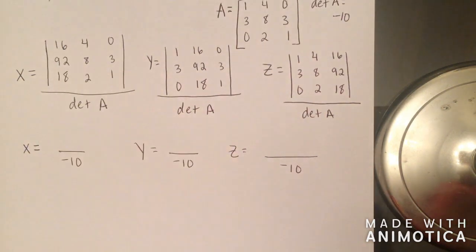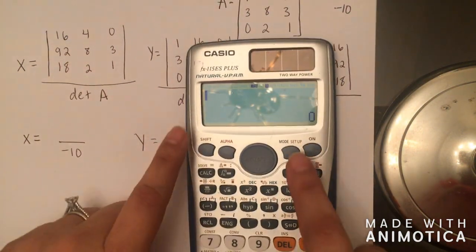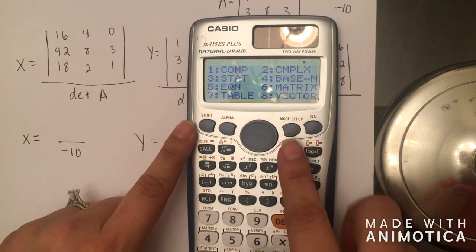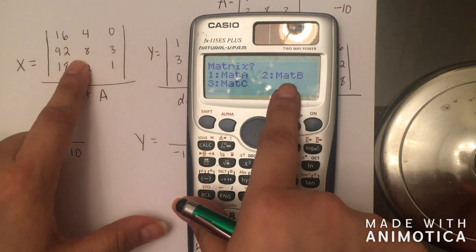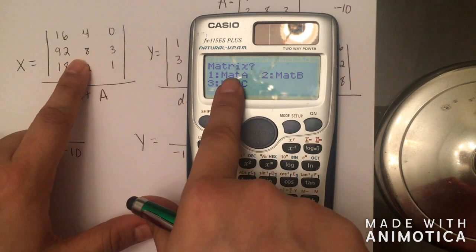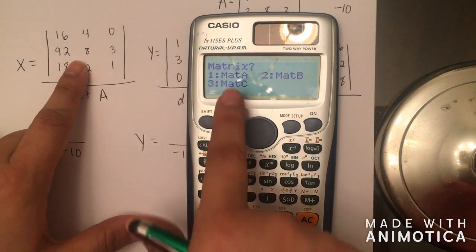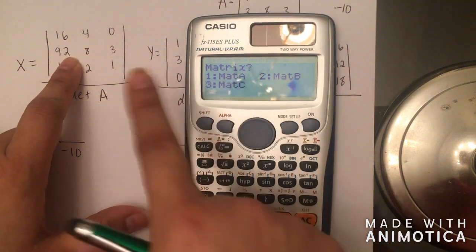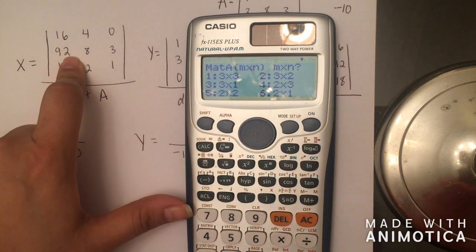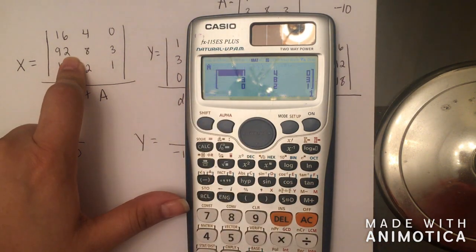And then I'll go through the same process. I'm just going to do this first one again, just as a recap. So mode, matrix, which is 6. You can replace matrix A now if you wanted to. You can click on 1 and just make sure you remember you put that in matrix A, or you can choose matrix B. If you click on matrix A, which was 1, then it's a 3 by 3.